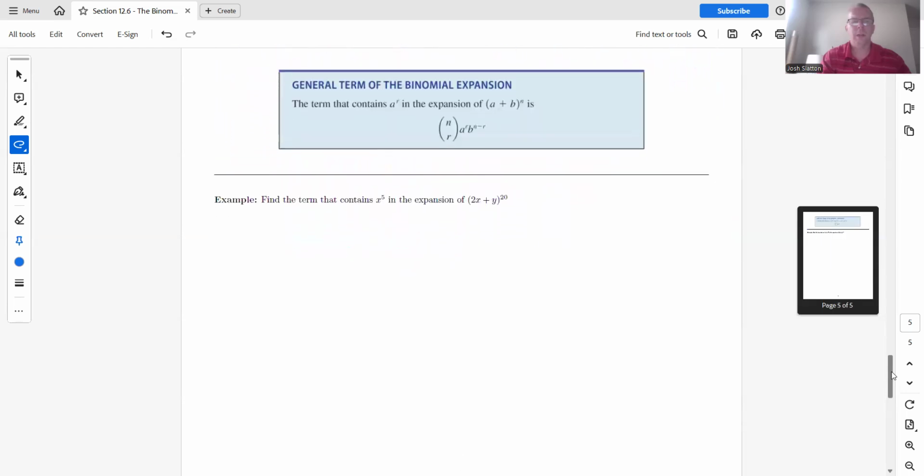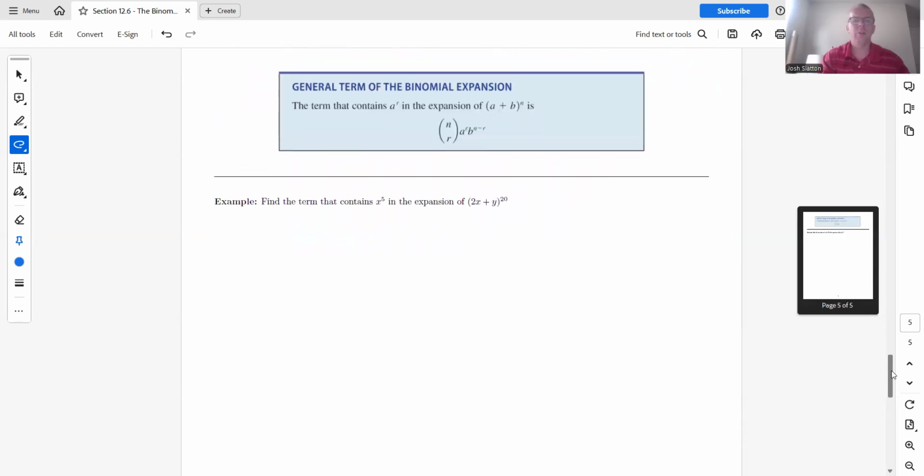And so let's look at one more example. So the general term. So this is finding a particular term, not finding all the terms. So a to the r, so the term that contains a to the r. So we need to find n choose r, and then of course we have a to the r, and then b to the n minus r, because these have to add up. Again, the exponents have to add up to n.